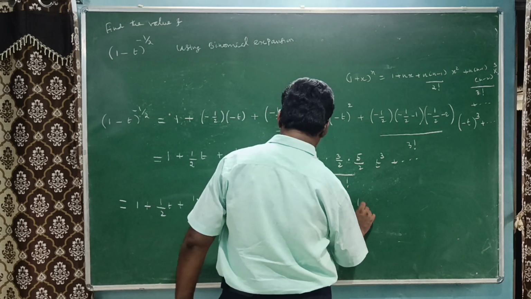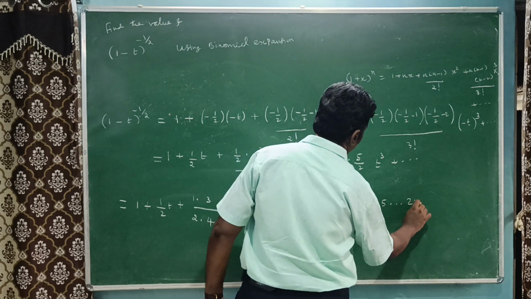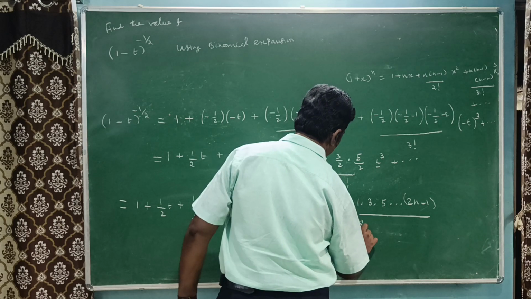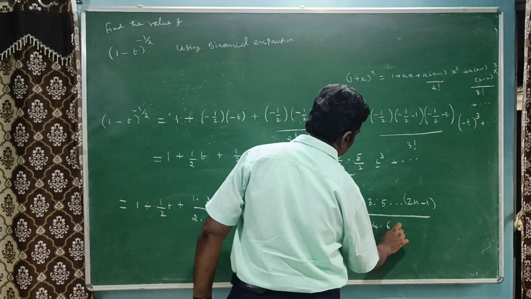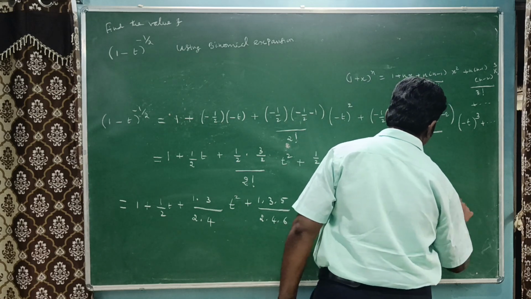The nth term is 1 dot 3 dot 5 dot dot dot (2n minus 1) divided by 2 dot 4 dot 6 dot dot dot 2n into t to the power n. This is the nth term.